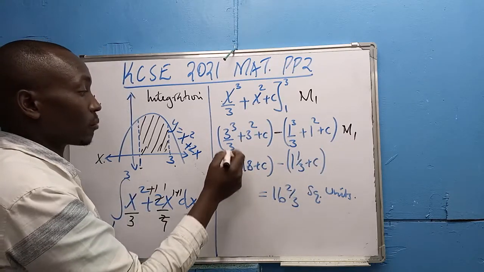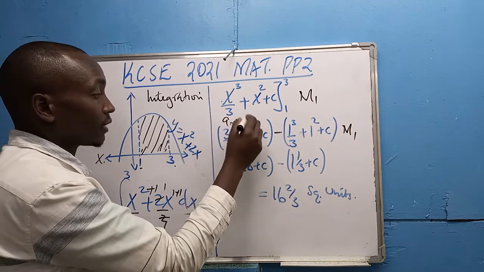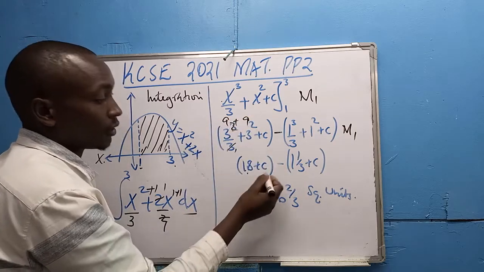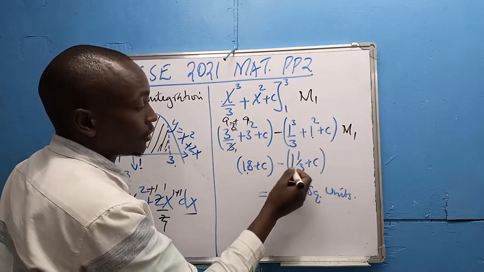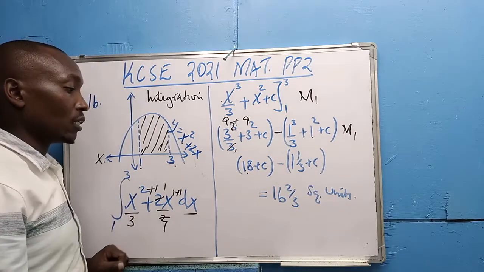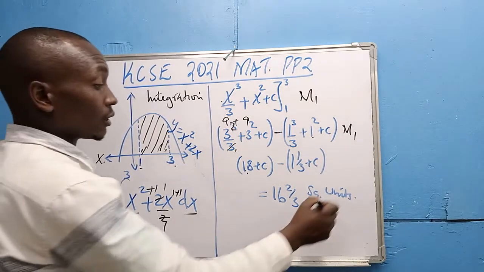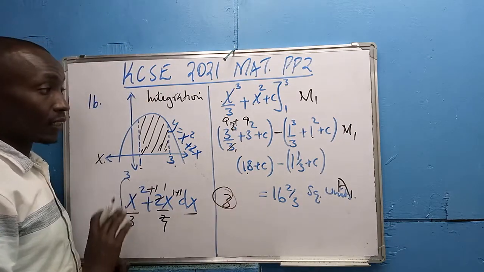If I do that, this will be 9 plus 9 plus c, 18 plus c. Then on the other side, it will be 1 plus a third, that is 1 and a third. Then if you do subtraction, it will be 16 2 over 3 square units. And that's where the student gets the third mark. That's number 16.